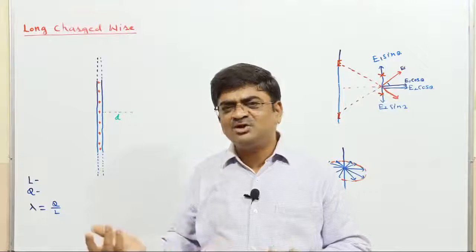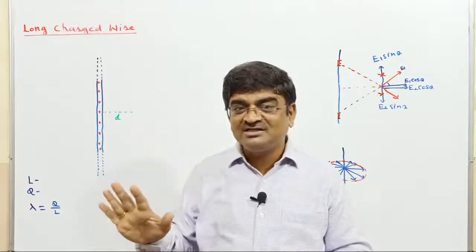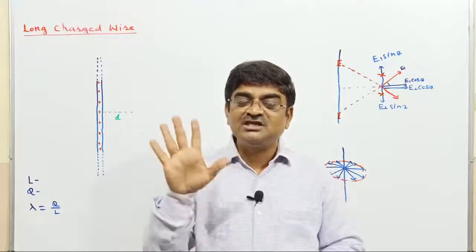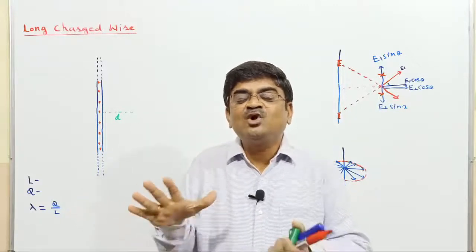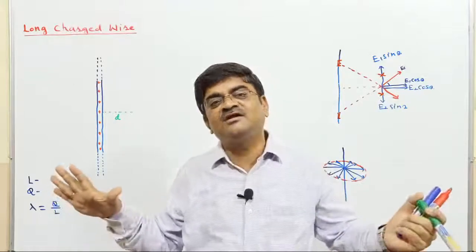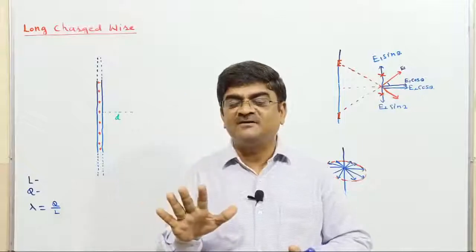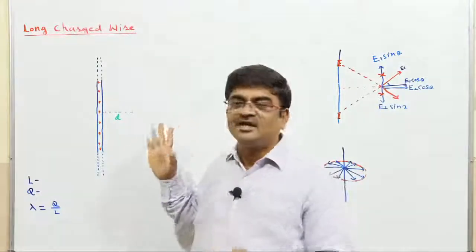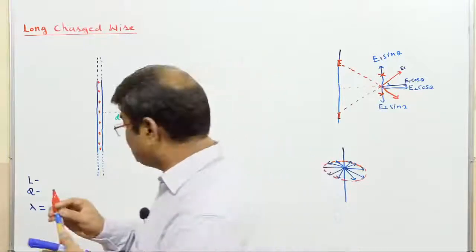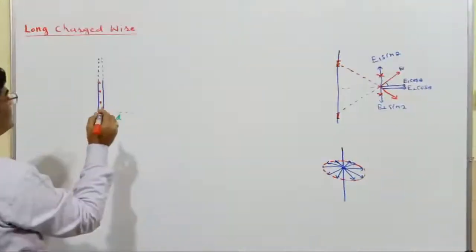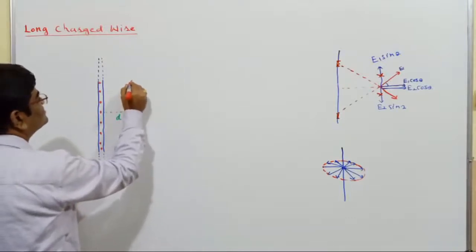So while applying Gauss law, I should see to it that the selection of the Gaussian surface is appropriate, so that more complications don't get invited into the calculation. With keeping that in mind, I am going to select the Gaussian surface for the present case, and I visualize a Gaussian of this pattern.